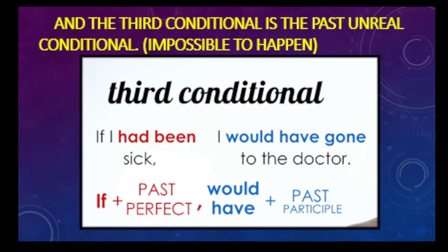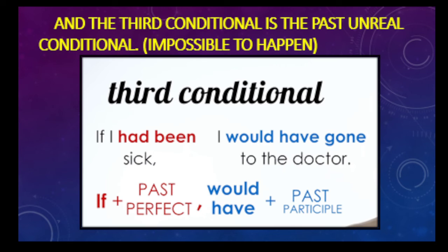Okay. So, let's move on to the third conditional. For the third conditional, it is the past unreal conditional. This one is a bit complicated. It is impossible to happen.